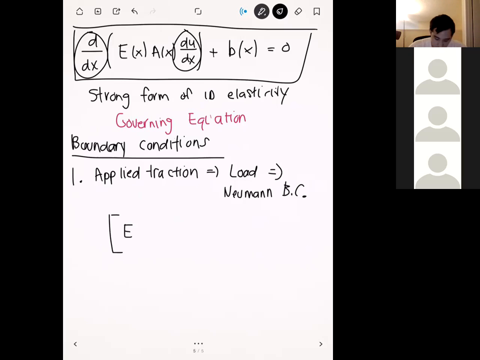Basically, what we're saying is that at x is equal to 0, the stress on the truss has to be equal to the applied traction.